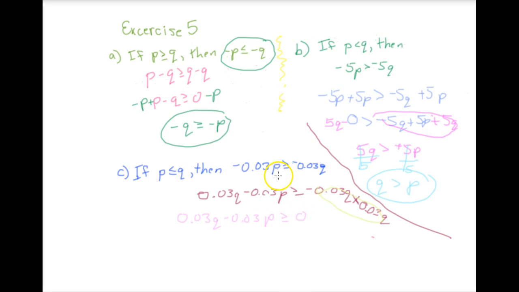I would be very happy if I could just get this positive so that I could divide by the 3's.